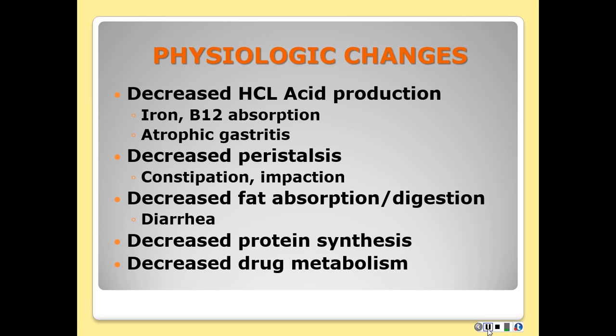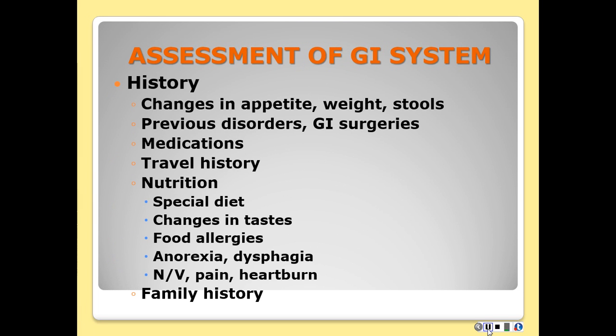The first thing that we do as nurses is our history and assessment. We've got to find out about the GI system. Has your patient had any changes in their appetite? Have they had any weight changes? Have they noticed any change in the character or frequency of their stools?